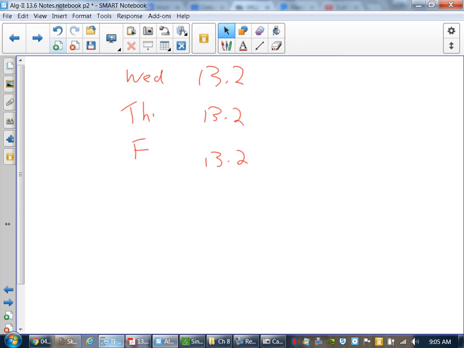I'll have it as a PDF, so you can pull it up and look at it. Bring a notebook with you so you can write something down. I didn't have a chance to run off the other 13.2 stuff this morning. If you swing by flex, I might have those done later today.